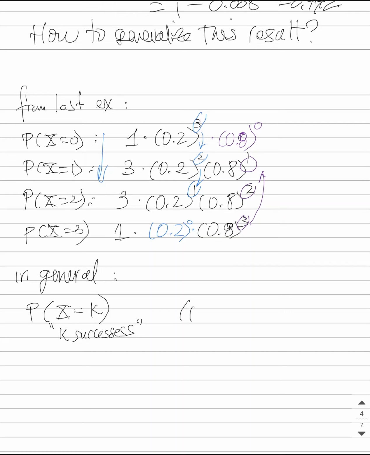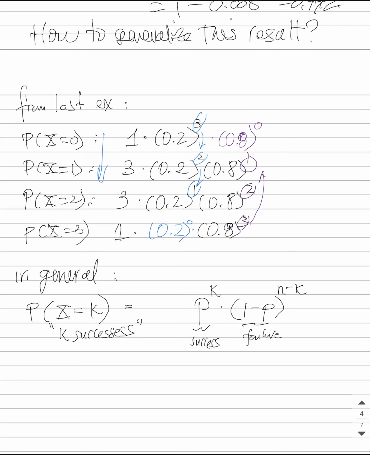And the idea there would be, look, if you have k successes, the probability of success was given by little p, and you should have k of them. The probability of failure is given by 1 minus p because it's a 2-outcome trial. And you have n minus k of those.